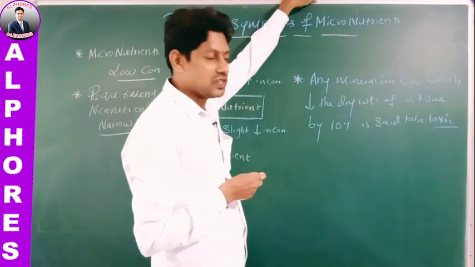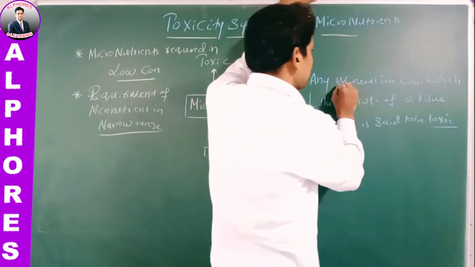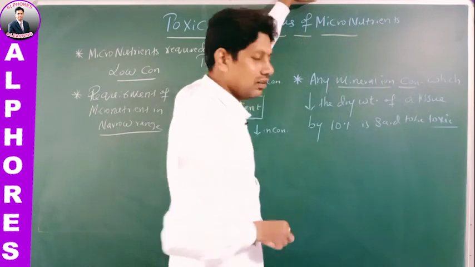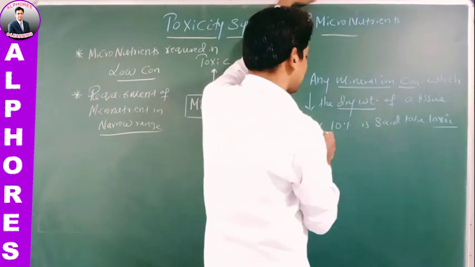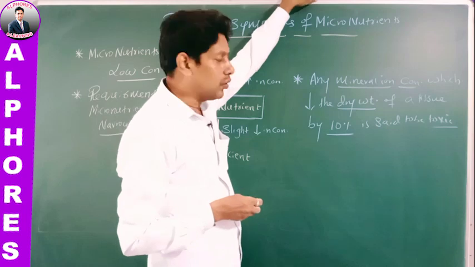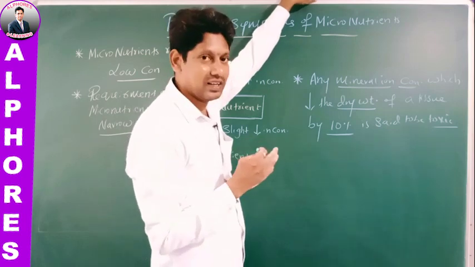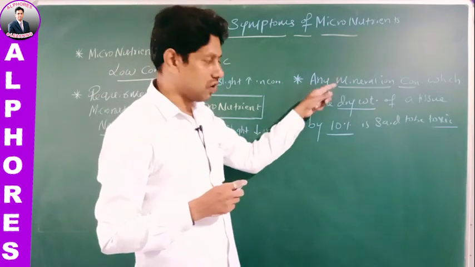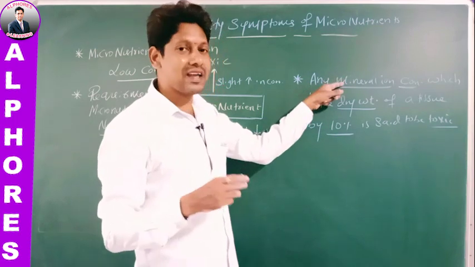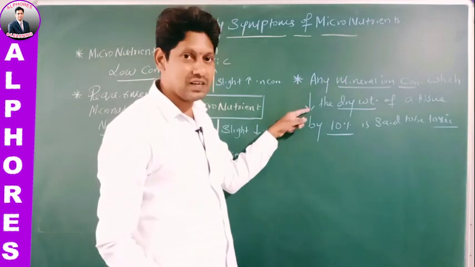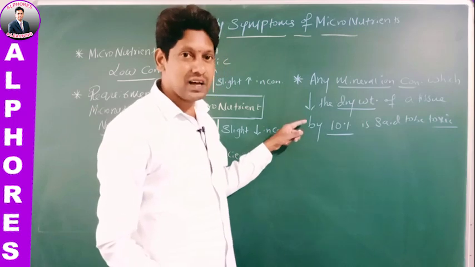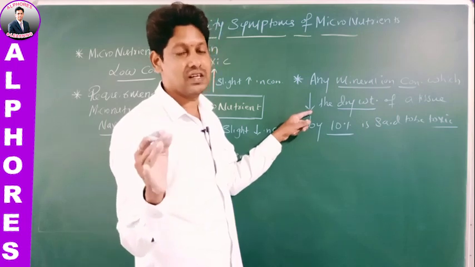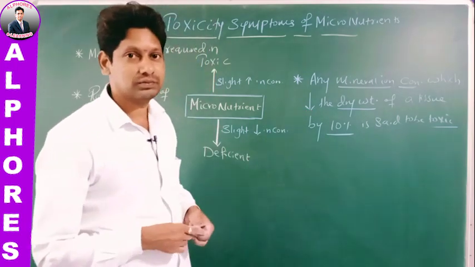Sir, when are we going to say that a mineral ion is toxic? If the concentration of a mineral ion is decreasing the dry weight of a tissue by 10%, then we say that the mineral ion concentration is toxic to a plant, right?